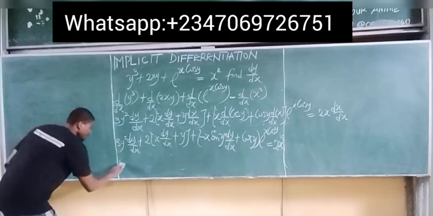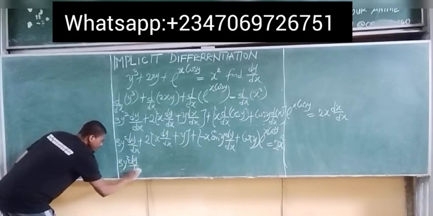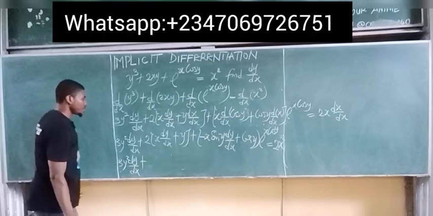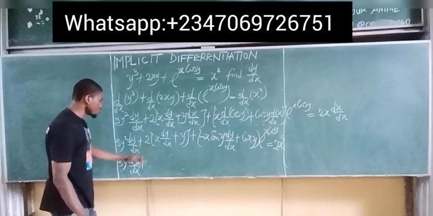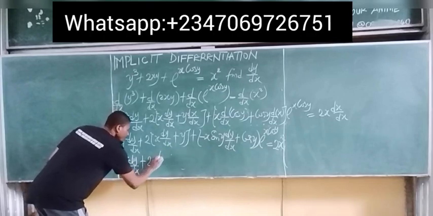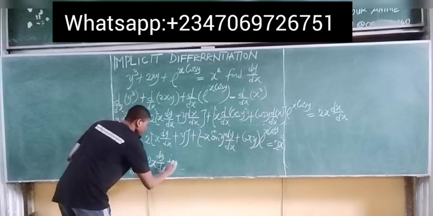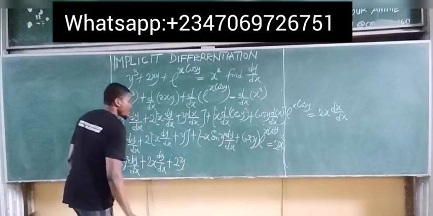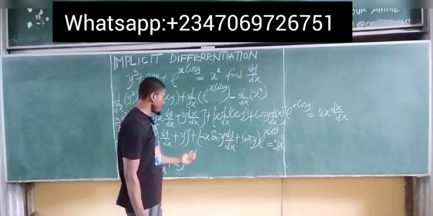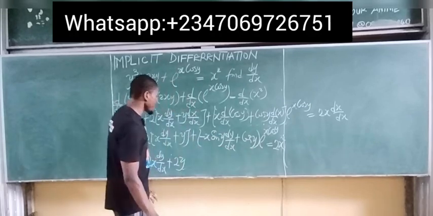I'll simply put down here, this is 3y squared dy all over dx plus, I can expand the bracket with 2, so 2 times everything here gives me 2x dy all over dx plus 2 times y gives me 2y. Same thing here, minus x sine y dy dx multiply exponential x cos y.